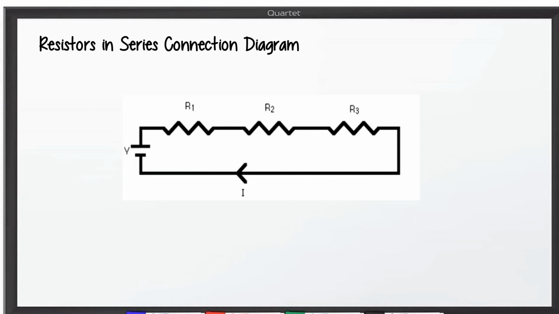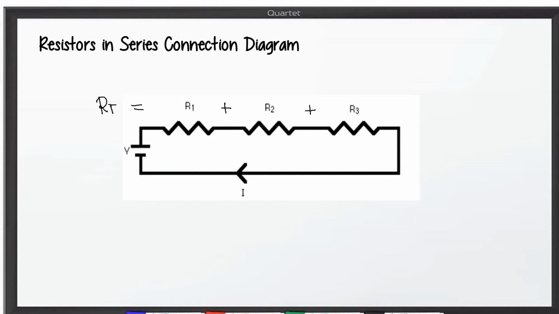So dito po sa ating example, ang sinusunod po pala dito ay yung conventional flow, which is from positive to negative. Sinasabi lamang po dito sa atin na yung total resistance, RT, ng resistors in series connection is equal to R1 plus R2 plus R3.